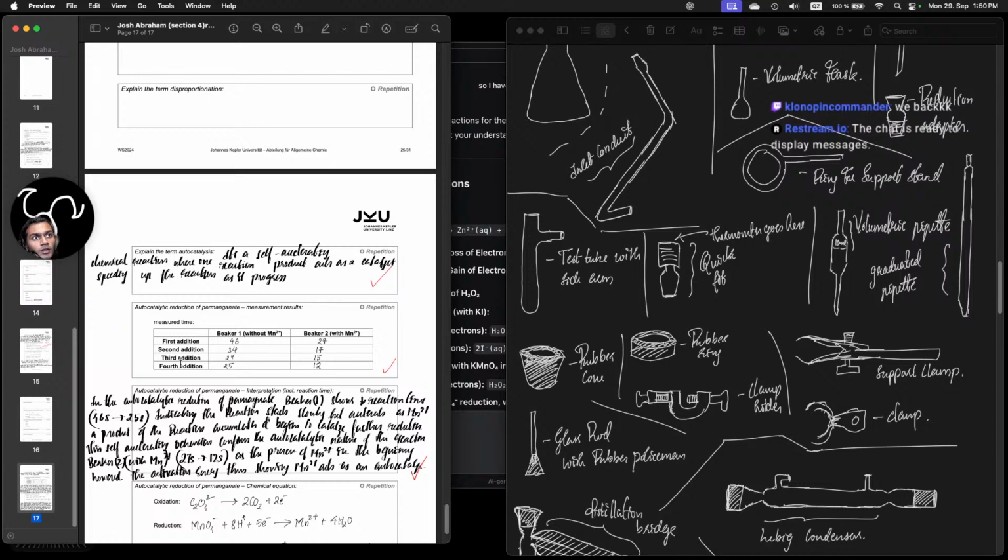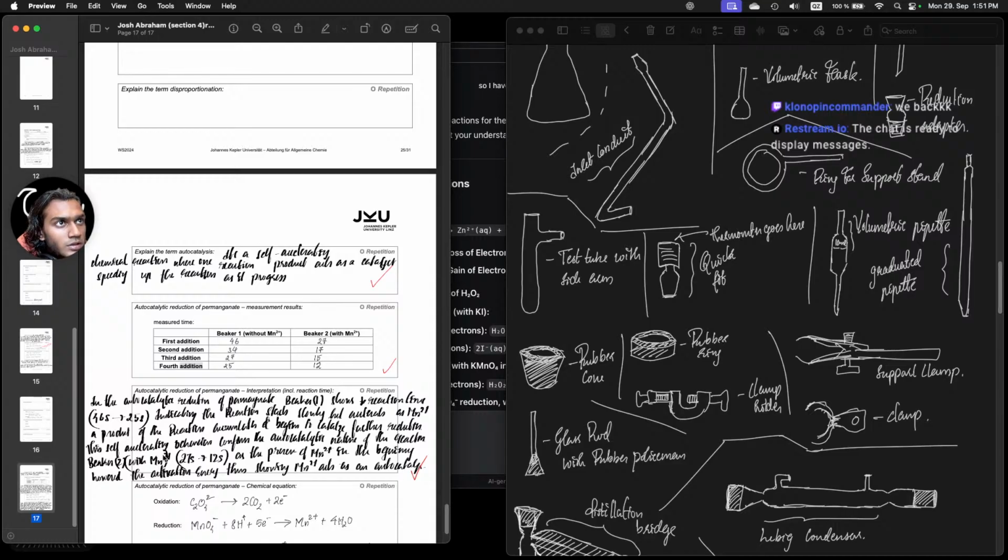Autocatalytic reduction of permanganate, interpretation. In the autocatalytic reduction of permanganate, beaker 1 shows a longer reaction time, indicating the reaction starts slowly but accelerates as Mn2+, a product of the reaction, accumulates and begins to catalyze further reduction.